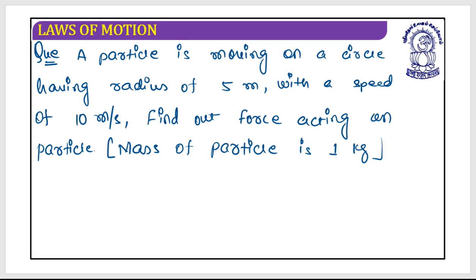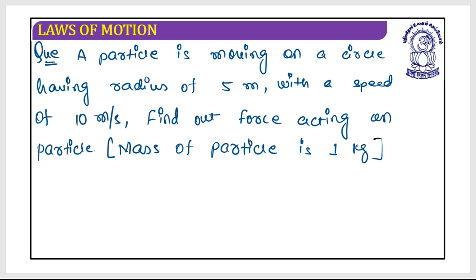So when we come to our questions, the first thing I need to ask is whether it is UCM, uniform circular motion, or non-uniform circular motion, because the examiner is not going to tell you directly that this is uniform circular motion or non-uniform circular motion. So first I need to check which it is.